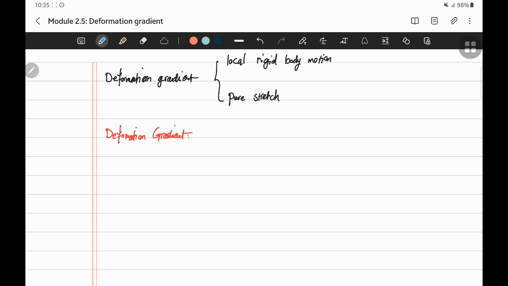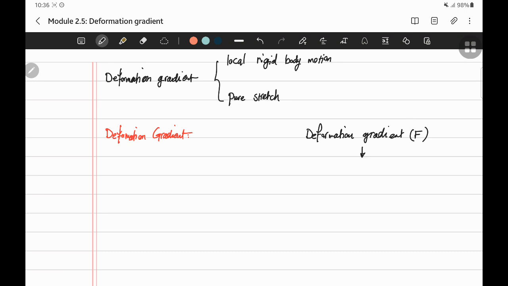If you remember, we developed some relations for the deformation gradient. We called it F, a transformation tensor which transforms our reference configuration to the current configuration.